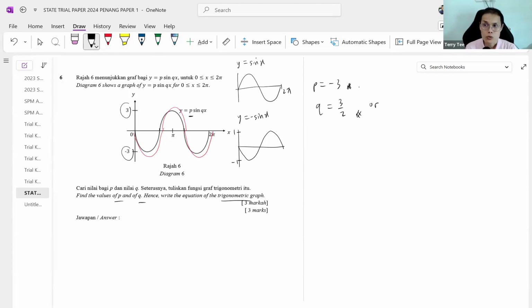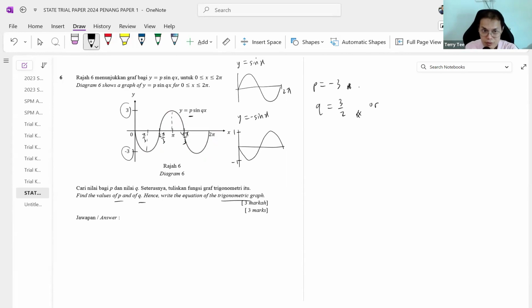Another way of thinking is to use period. But period here is also not that straightforward because you cannot find it directly from the graph. You need to calculate or estimate. You see, this is actually 1.5 cycles: down, up, up, down. You can see this is pi. This pi going to divide by 3 is 2 pi over 3.